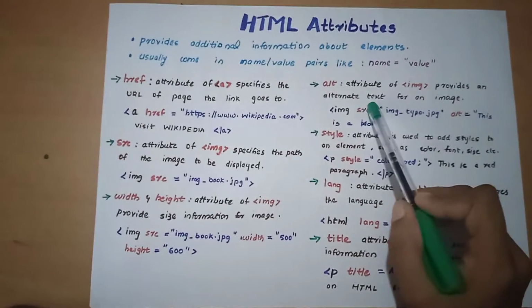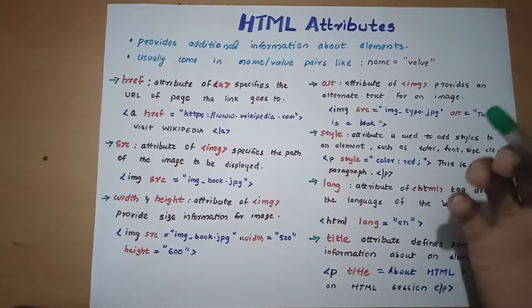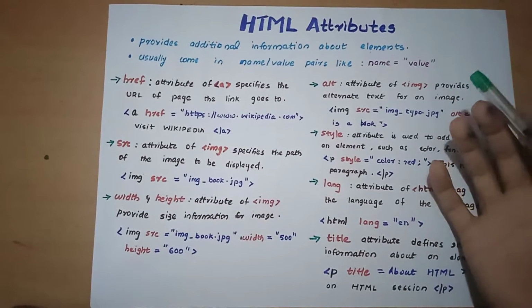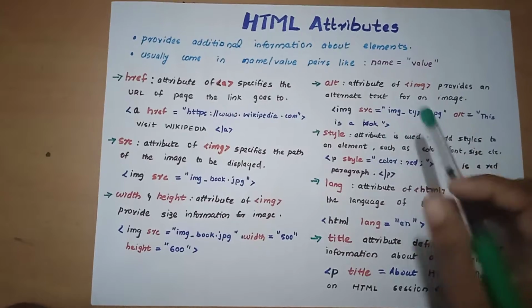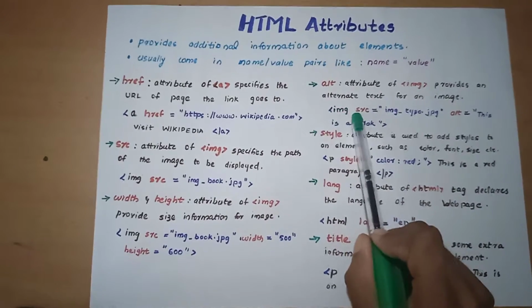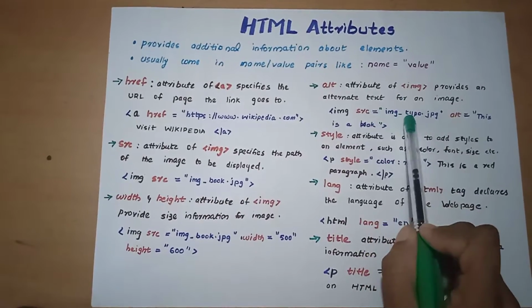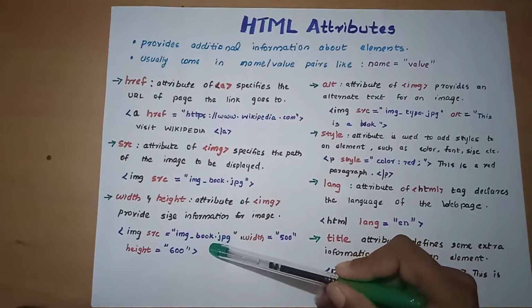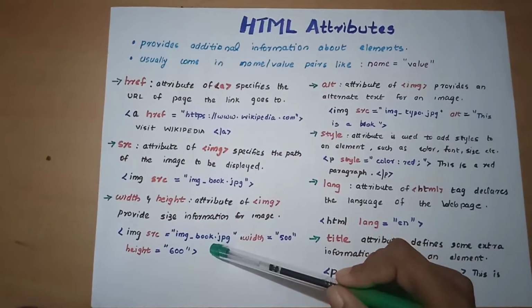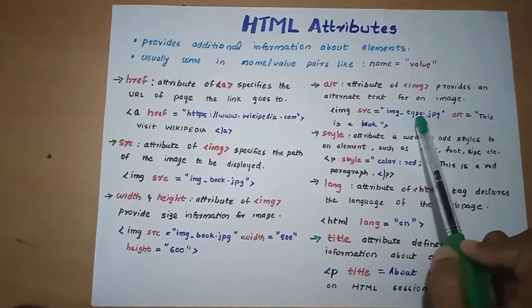So at that time, in order to convey that this image couldn't be displayed but it was this, we'll use the alt attribute. So img src is equal to, say, a path that is not a valid image.